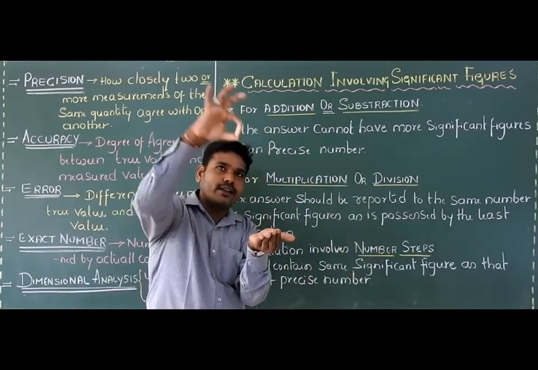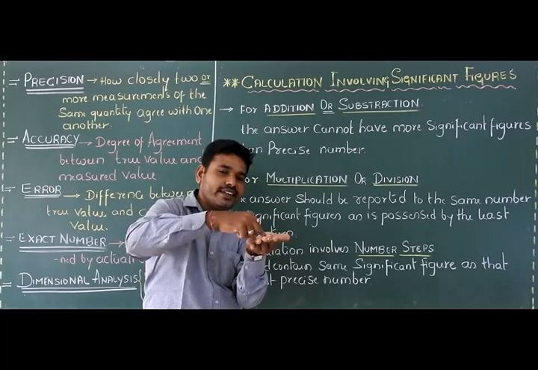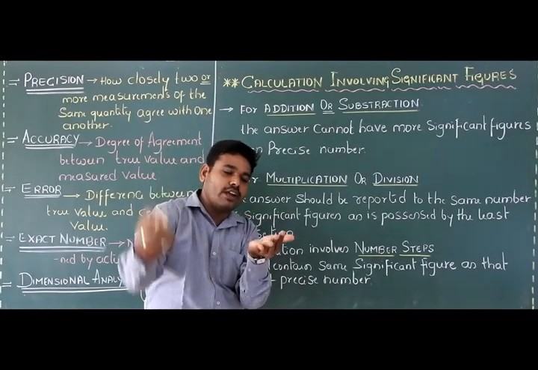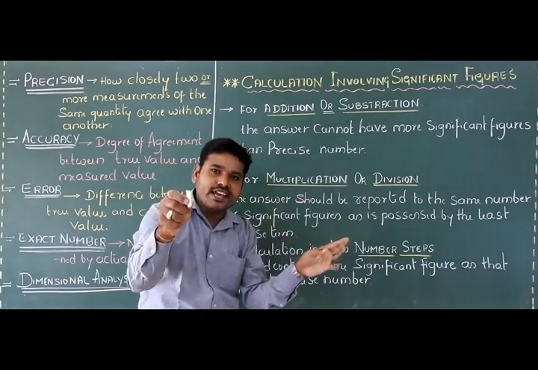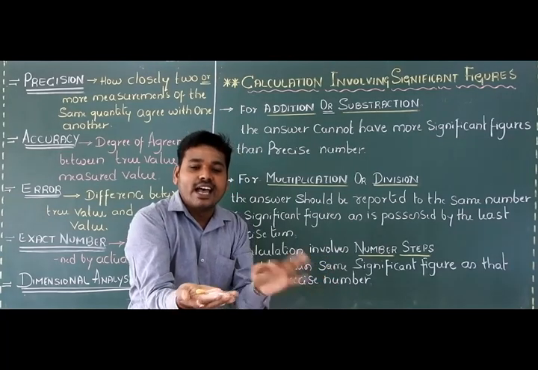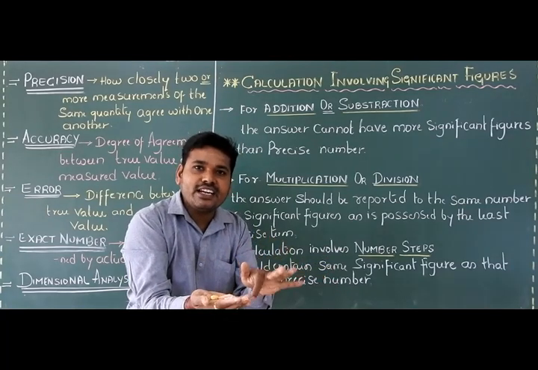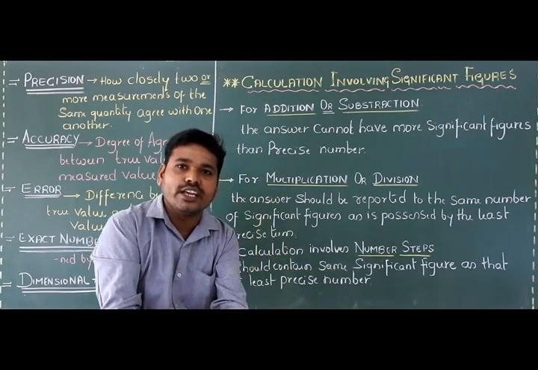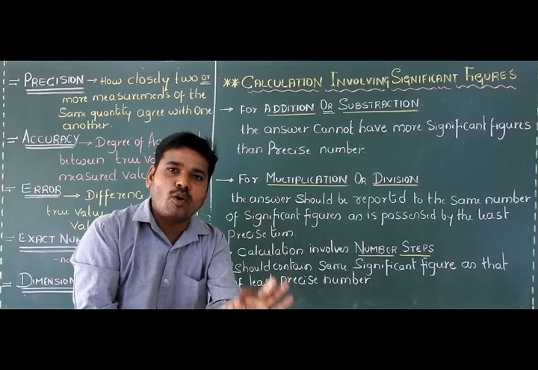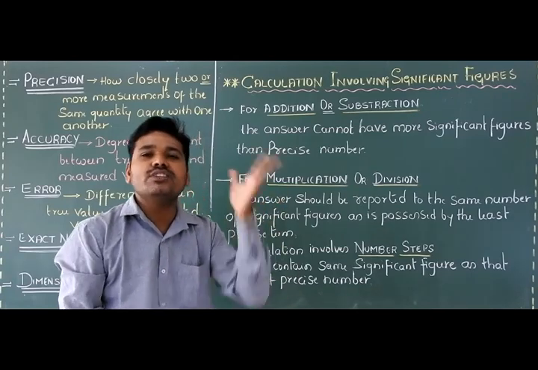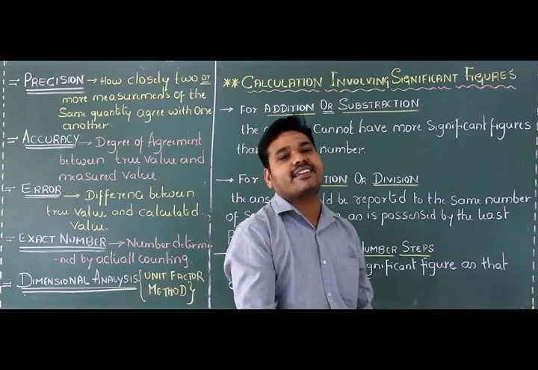So 1, here it is 2, here it is 3, then 4 and 5. How many chalk pieces? 5 chalk pieces. How is this number determined? By actual counting. So the number which is obtained by actual counting is called an exact number, students.